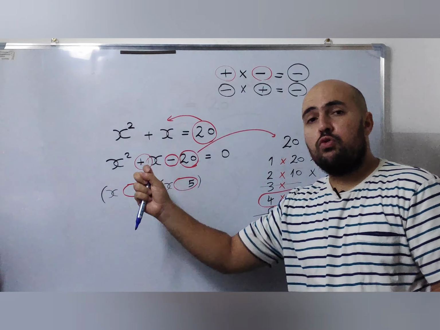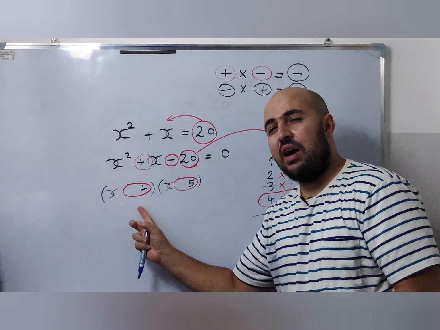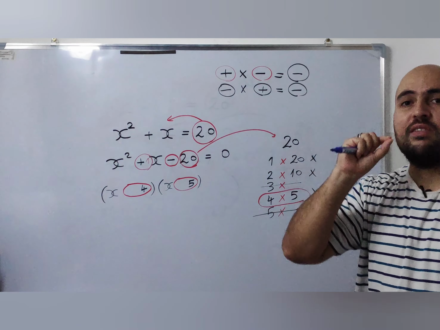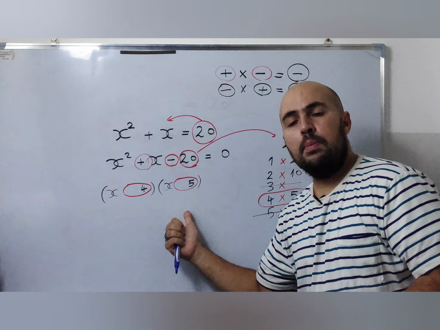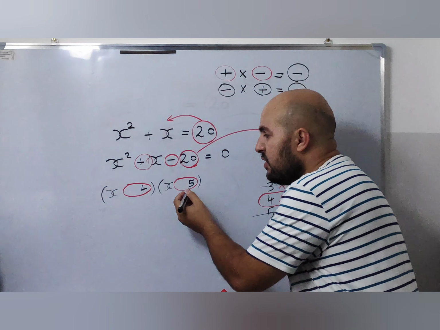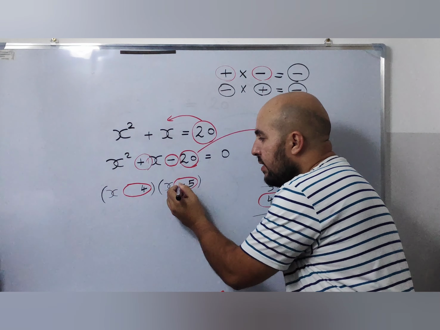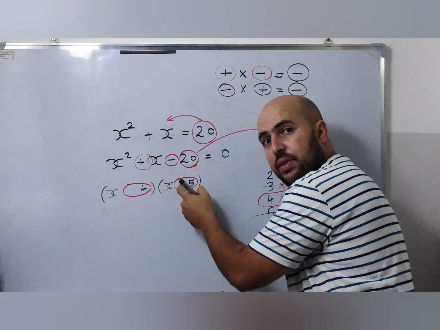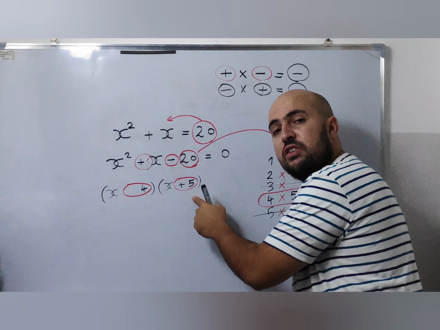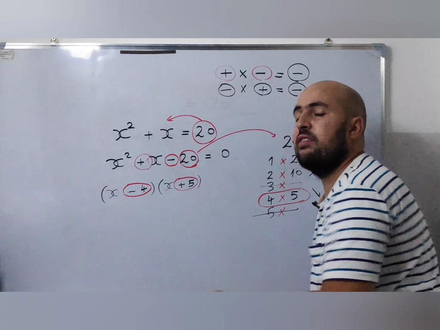Because the signs are different, we're going to subtract, and we're going to take the sign of the biggest number. So which number here is the biggest one? Very good, it's 5. So 5 is bigger than 4. So we're going to take the sign of the 5 and put it next to the 1. It means that the 5 is positive and the 4 is negative.